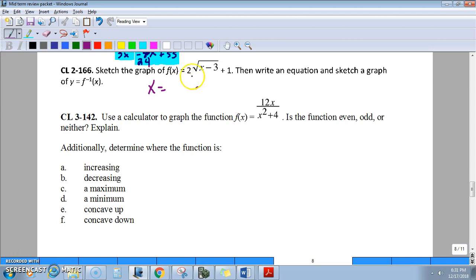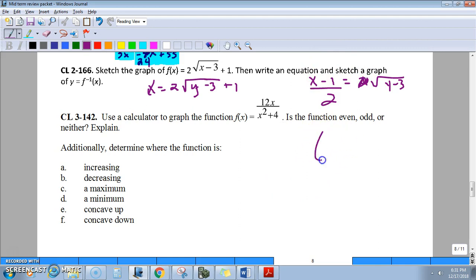If you want to write an equation for this, then we will do, oh, I've got 2 minutes. So we switch the x and the y, and x equals 2 root y minus 3 plus 1. Subtract 1 from each side. It's going to be x minus 1 equals 2 root y minus 3. Divide both sides by 2. That's going to cancel that out.